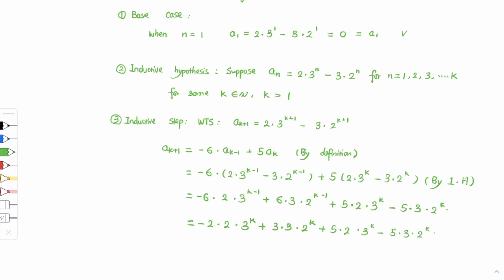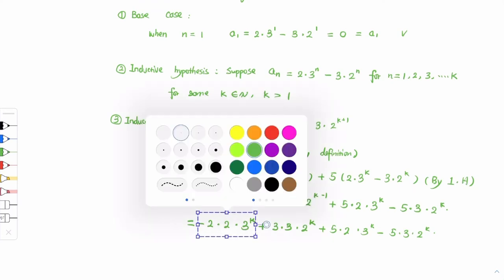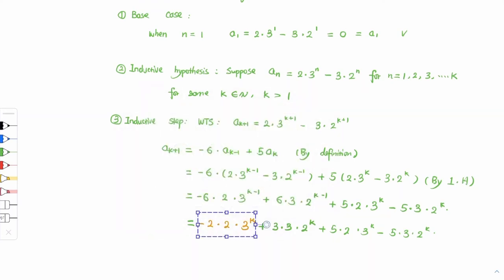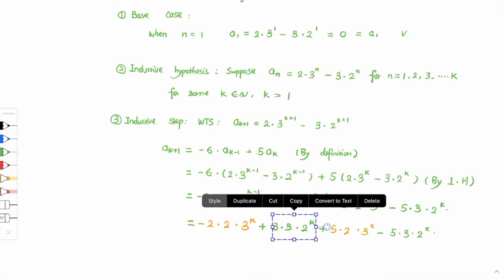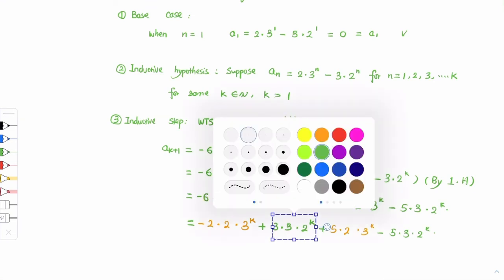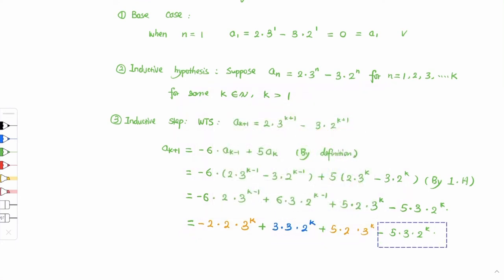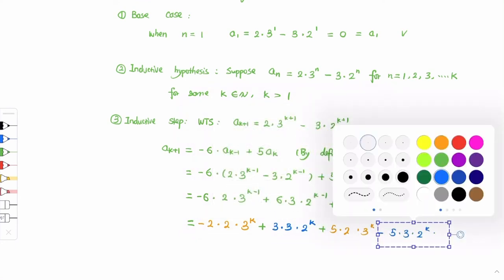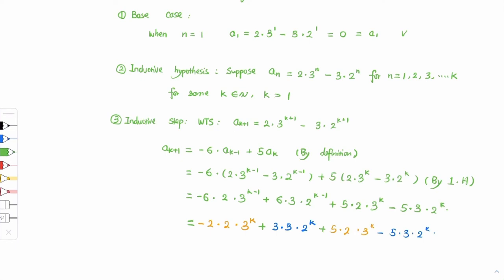Now you can collect them. So, this and this, they are in the same group. Okay, and this, let's use another color. And this, they are together. Okay, so you can add them together.